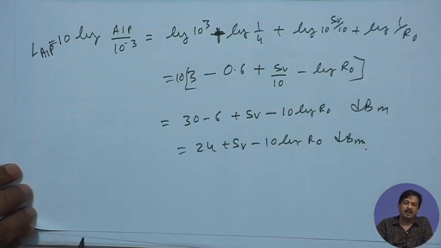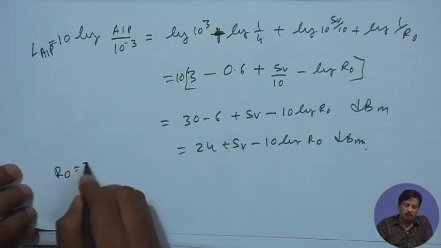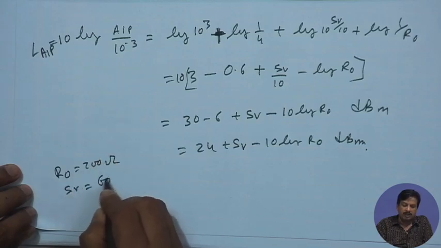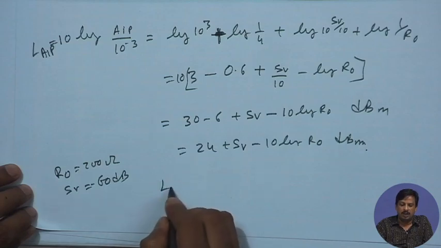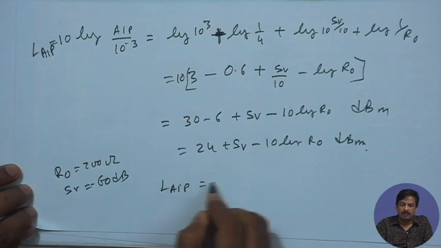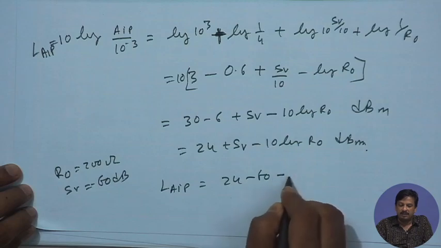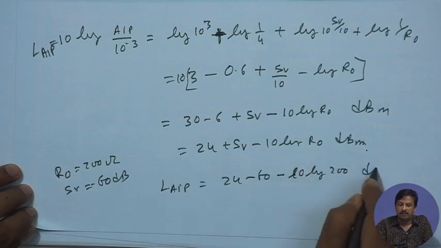Now, if the output R0 of a microphone is 200 ohms and SB of the microphone is minus 60 dB, then what should be the LAIP? So, LAIP is nothing but 24 minus 60 minus 10 log 200 dBm.